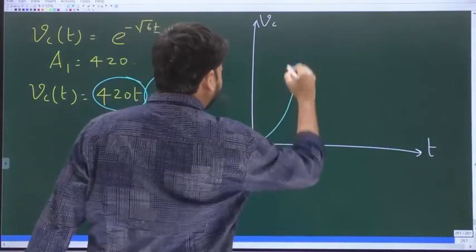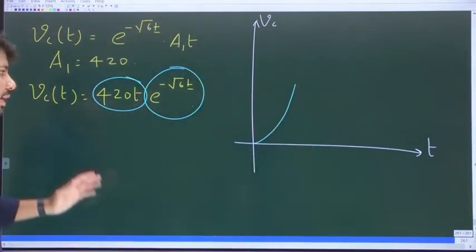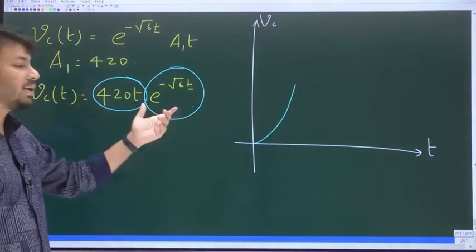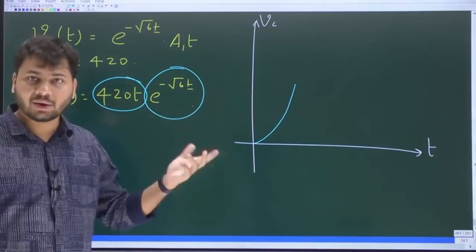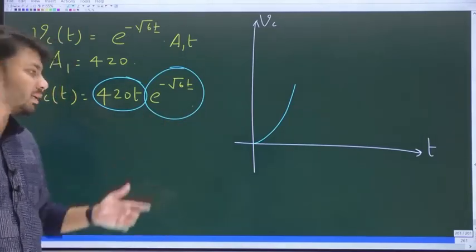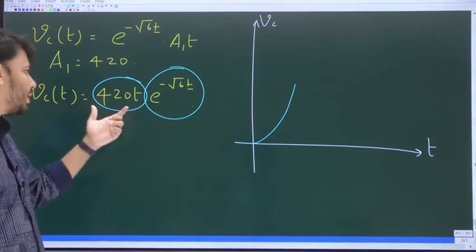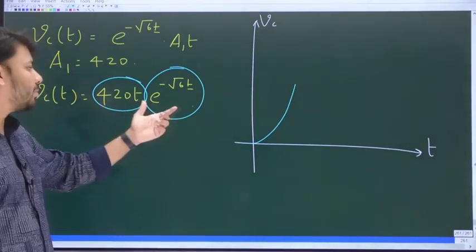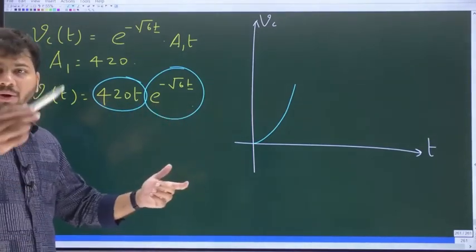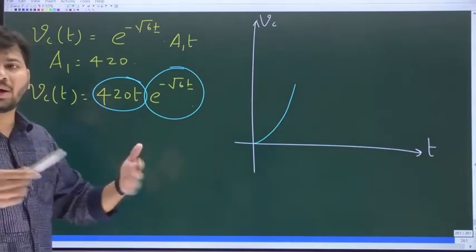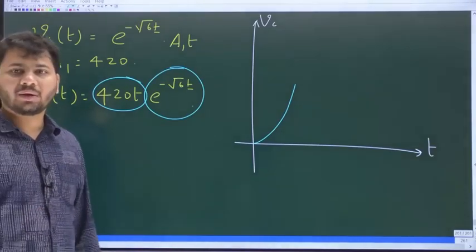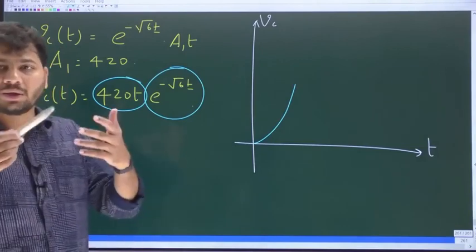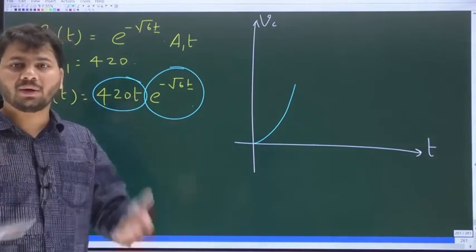Vc will increase with time, but as time increases, at some point the exponential function will take over and become the dominant function. Once it becomes dominant as compared to 420t, because the exponential function decays with time, the net rate of change will be negative, and the function will start decaying.